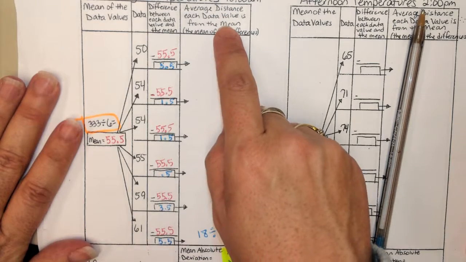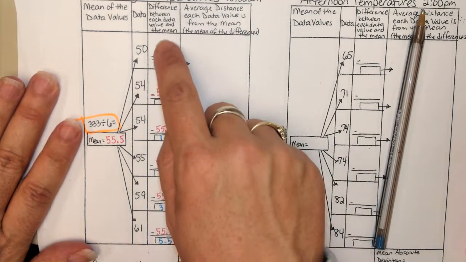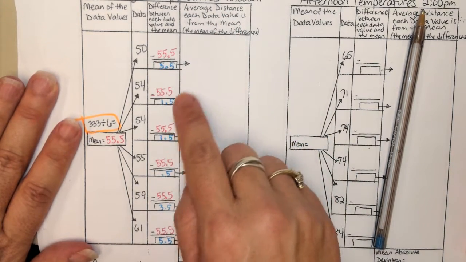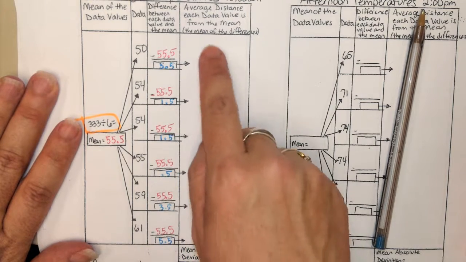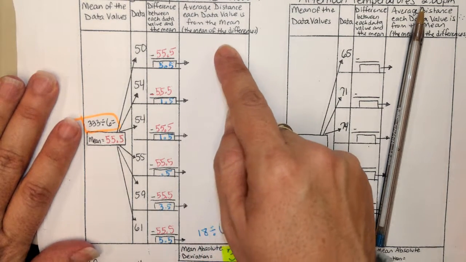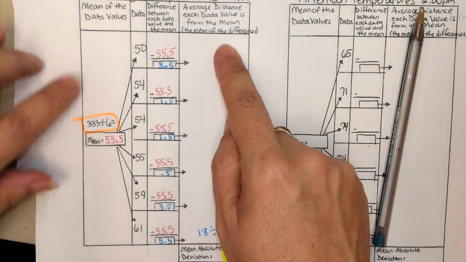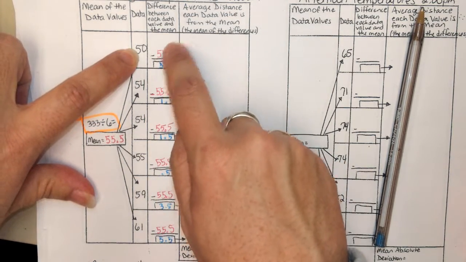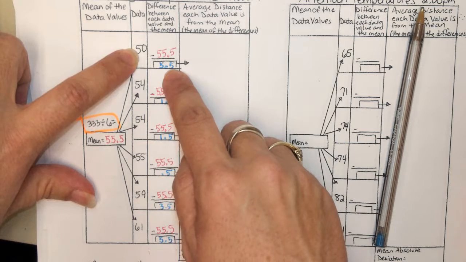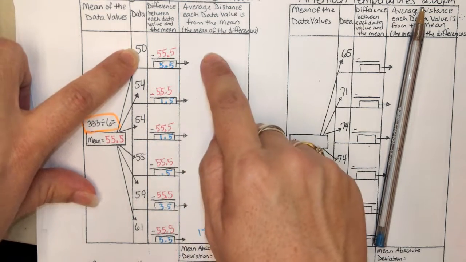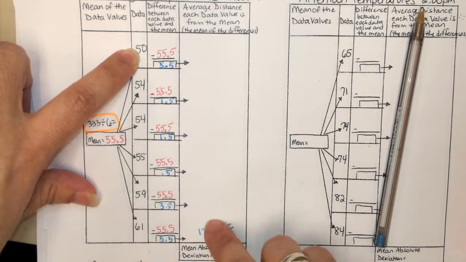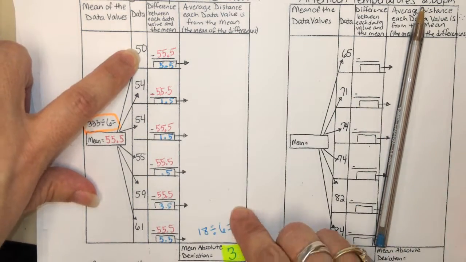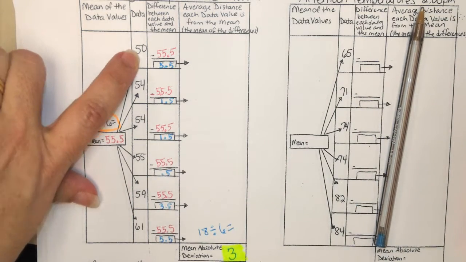The reason there is so much space here is because at Oak Mountain they weren't allowed to use a calculator. So they had to write like 55.5 minus the 50 and get the number, then transfer the number over here, add them all up, and divide, with no calculators.